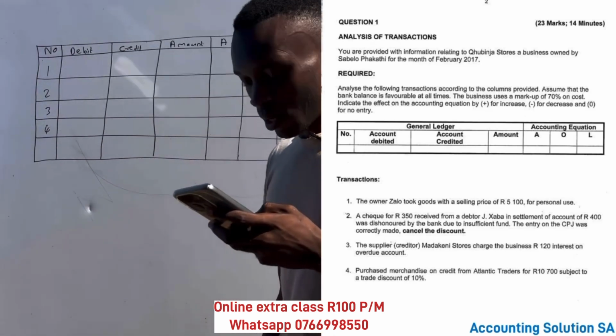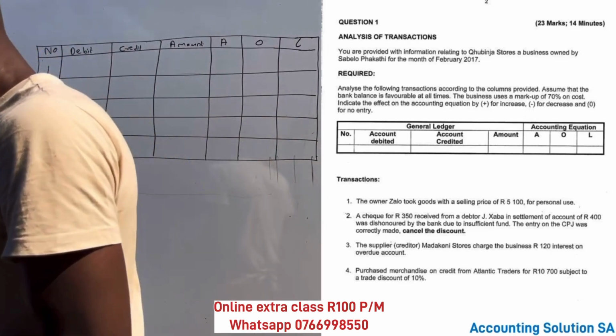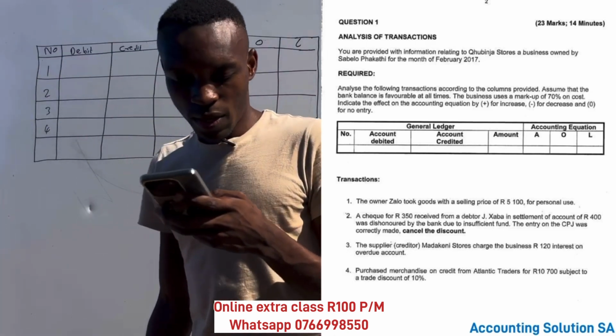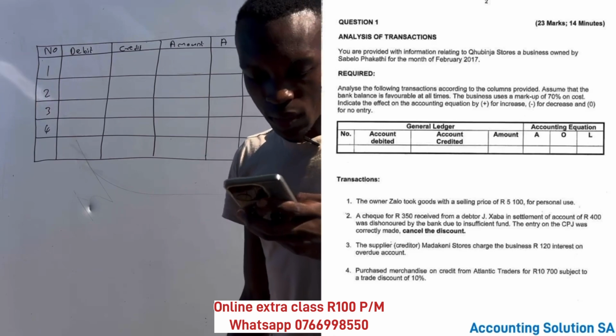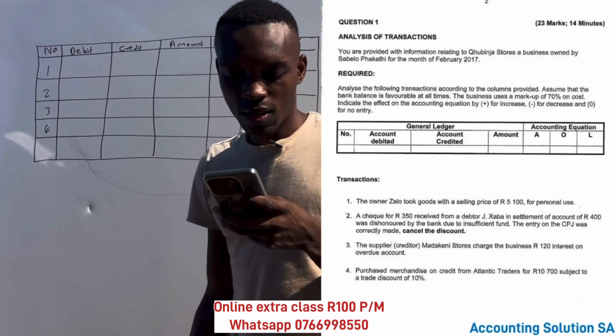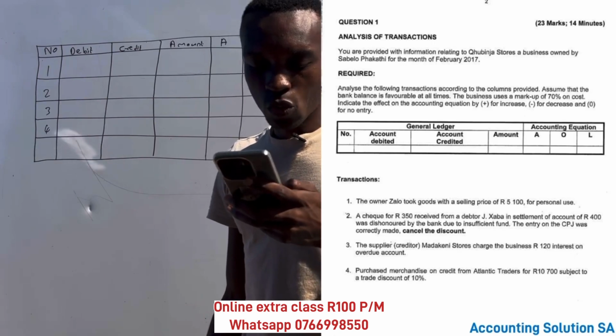Now let's check. This is the table that they gave us, which I already drafted here. Transaction number 1: they said that the owner Zalo took a good with a selling price of 5,100 for personal use.